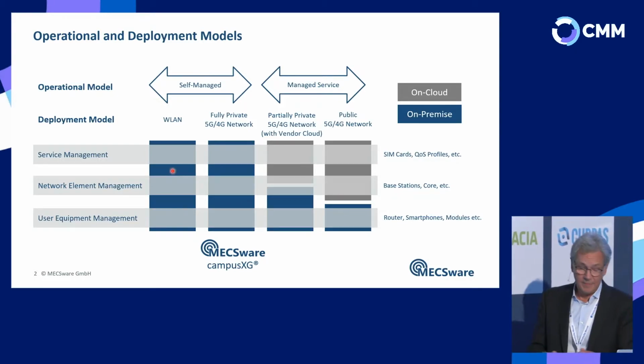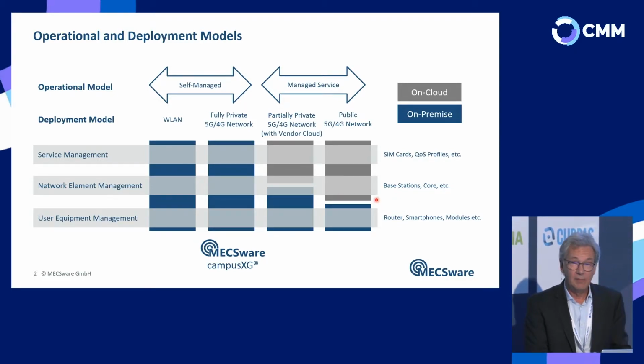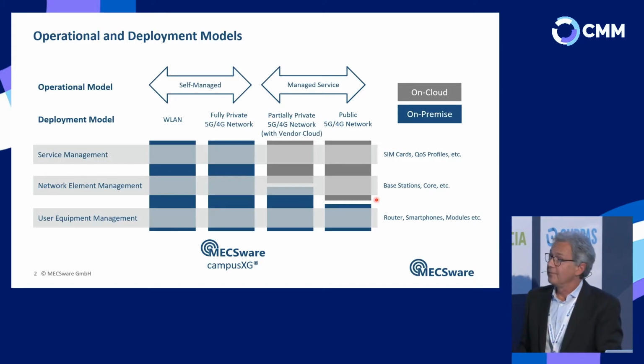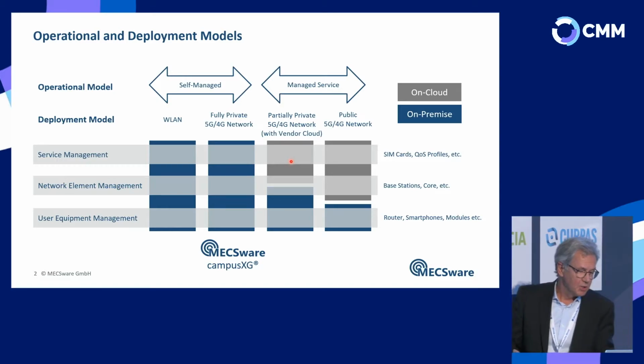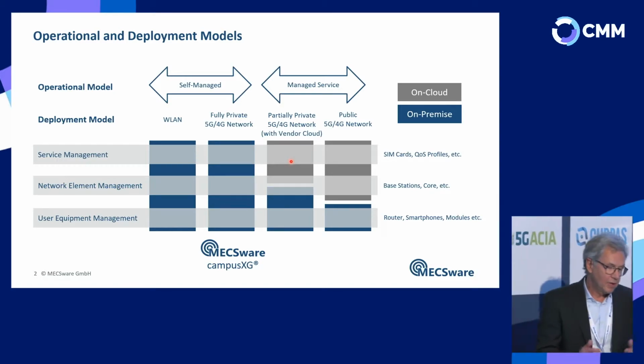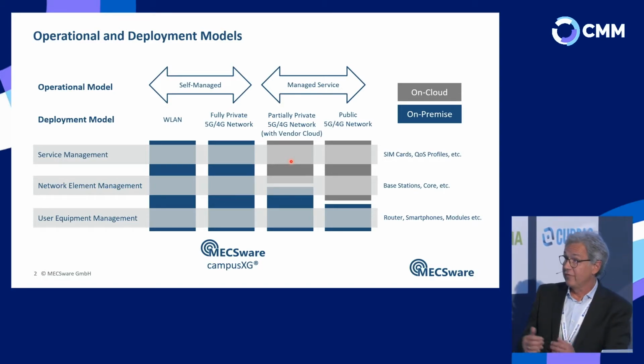On the other hand, if you build a campus network using a public network, then probably you have your smartphones and routers, your end-user equipment, under your control, but all the rest is managed by the public operator. And there is something in between, what I call here a partially private 5G, 4G campus network with a so-called vendor cloud.